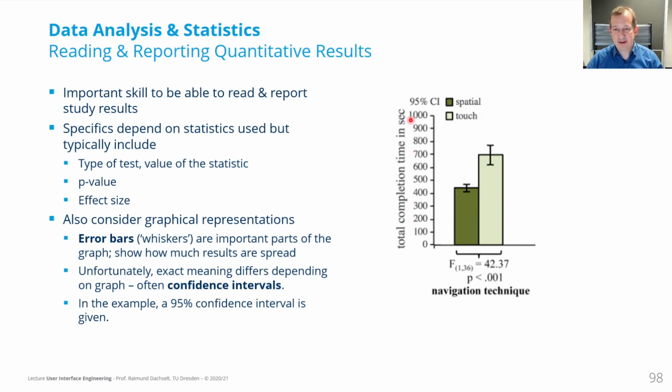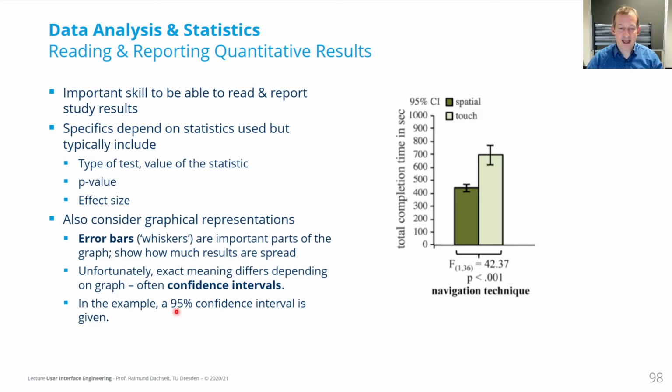And you have maybe the total task completion time in seconds here. And this is a significance value, so the probability for the null hypothesis in that given data set. So it's highly significant in this example.